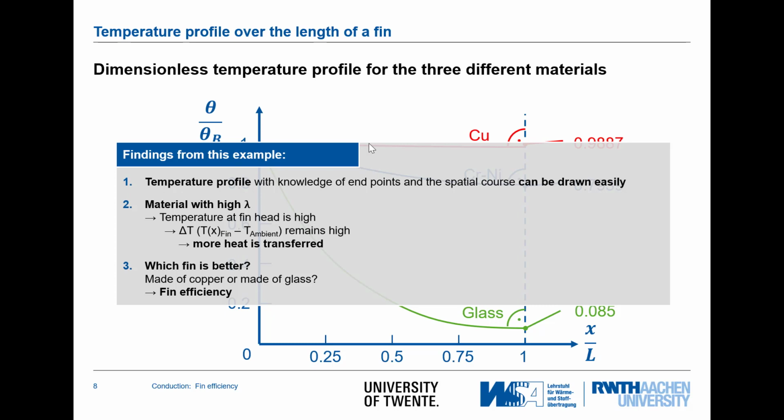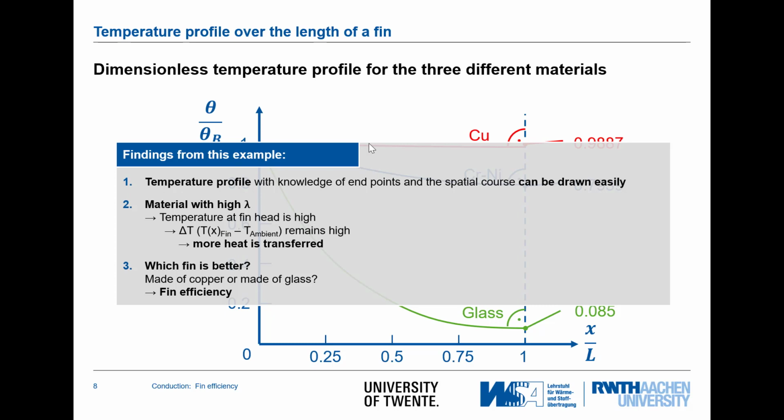Now, what are the findings from this example? So first, if we know the two endpoints and we know how the spatial course in the fin is like, we can easily draw the temperature profile and give an impression of how the temperature in the fin will be. Second, we are changing the material property, the thermal conductivity.